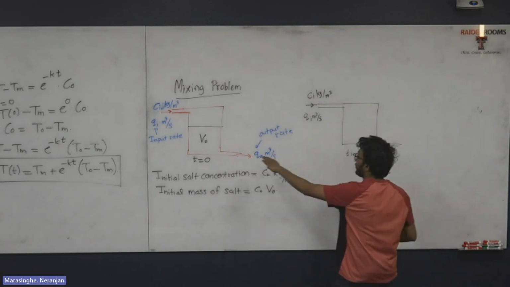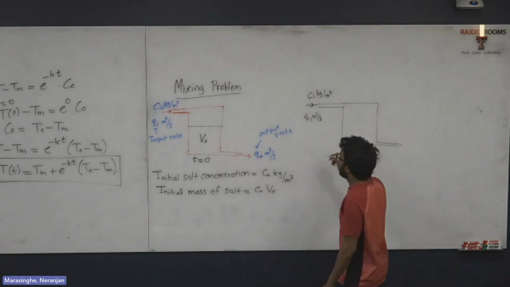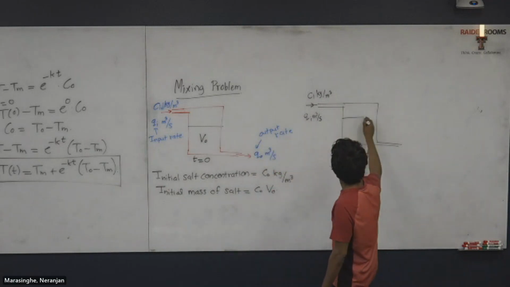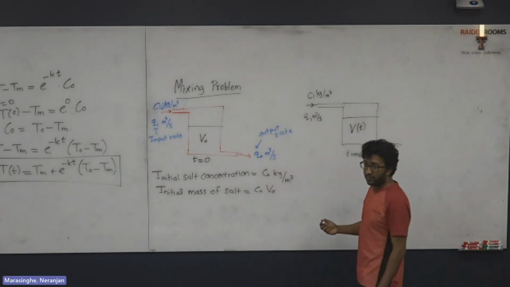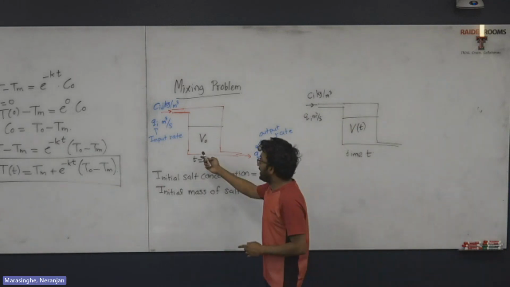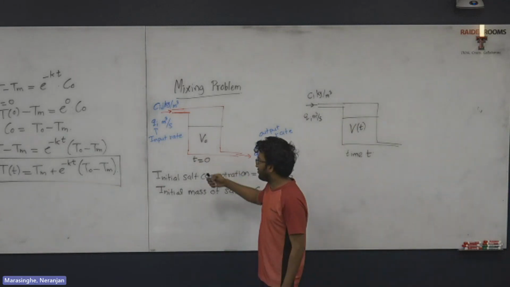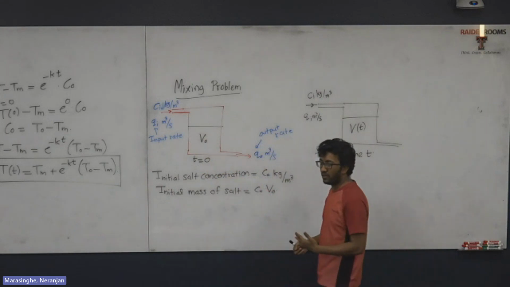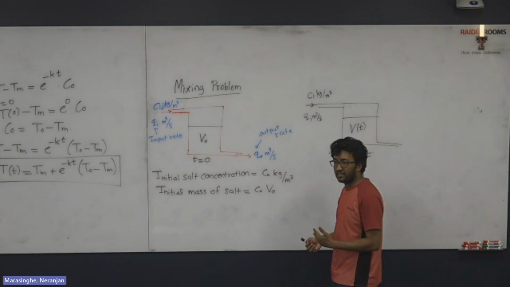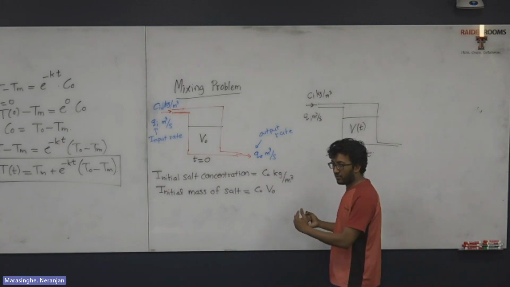But now we do not know the volume. The initial value we know, but now we don't. The volume would remain the same under one condition: if the input rate is the same as the output rate.